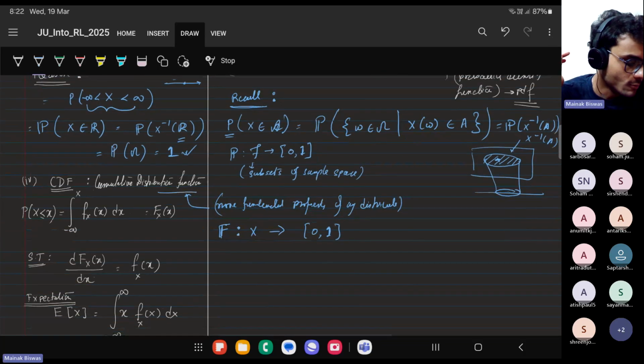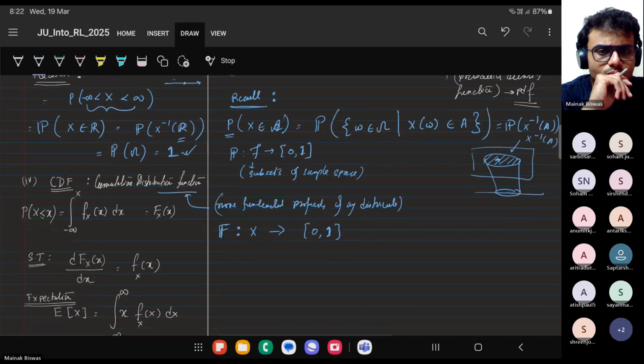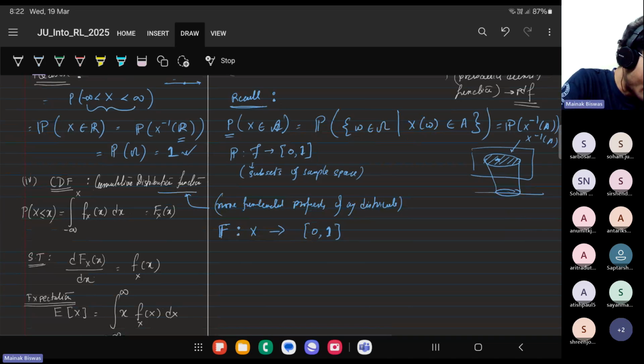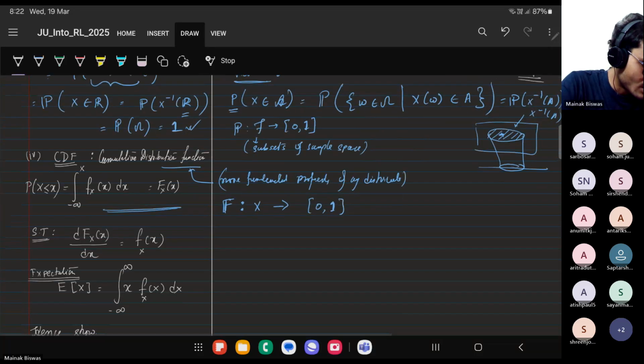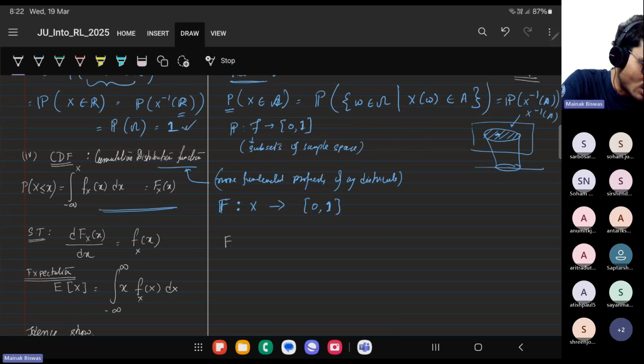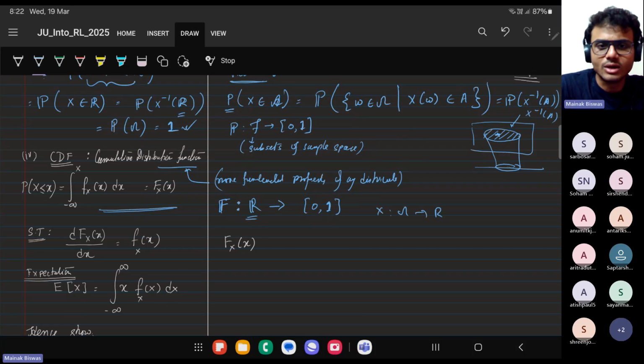Okay. So now I try to relate the CDF and the PDF. So how is the CDF first of all defined? You can define it from R, because your random variable is between omega and R. So it's between a value in R to [0, 1], which is the probability, which we drew last time.